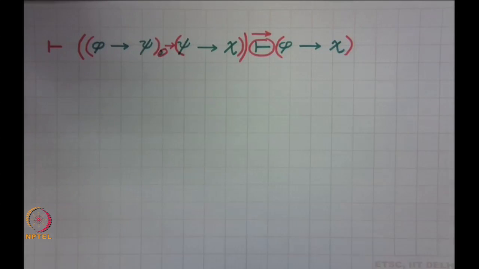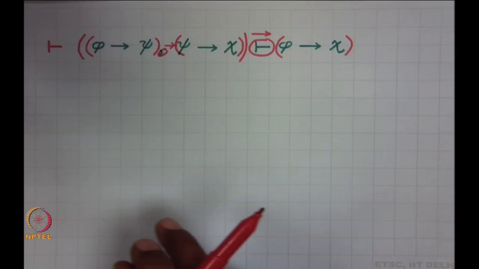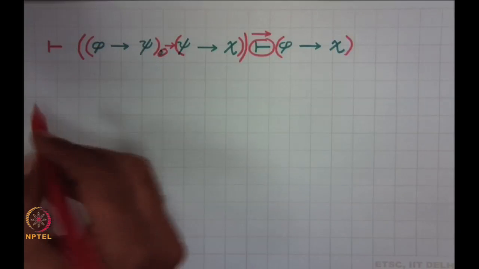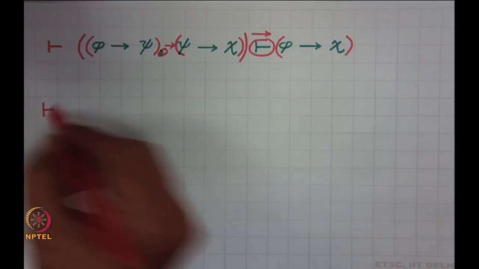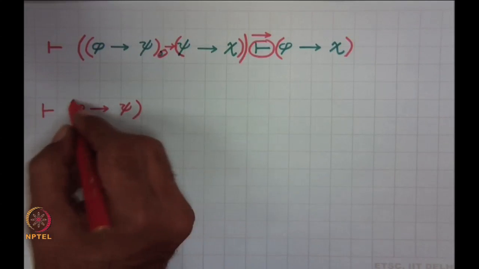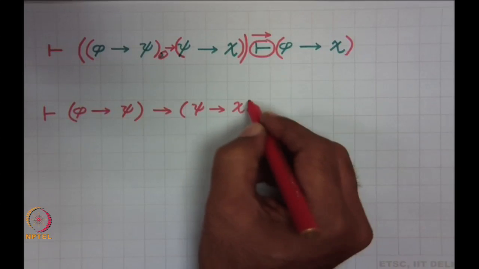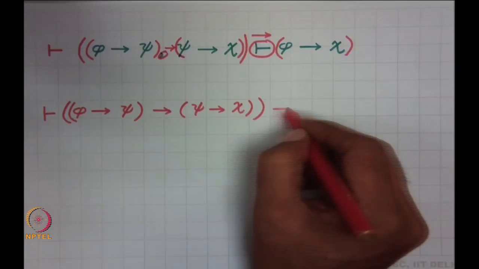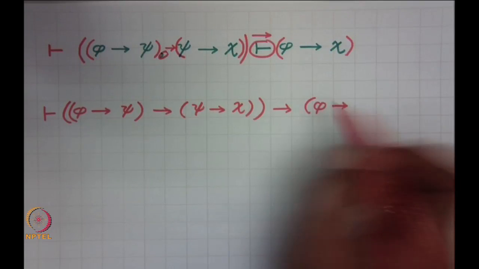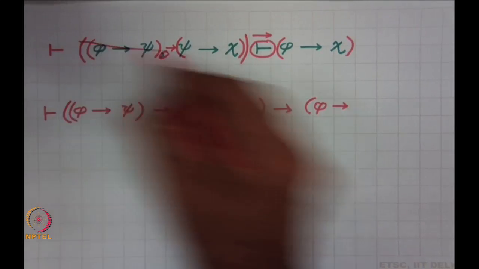So, if I had to write it as a formal theorem, this is how I would have written it. Is it clear? So, as a formal theorem, what I would have written is this: phi arrow psi arrow chi arrow... Oh, is this bracket right? No. I am sorry, this is not right.